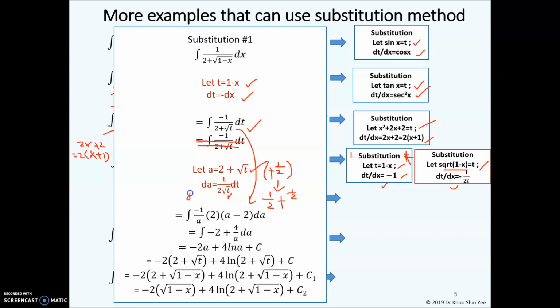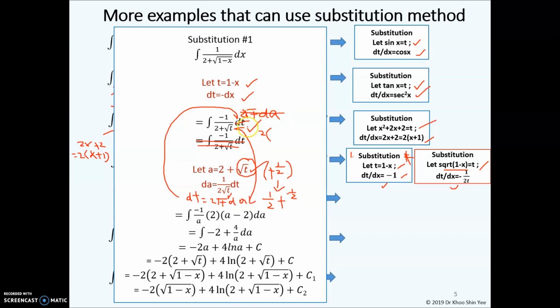So in this case, your dt will be equal to 2 square root t dA. And we can substitute this inside here, dt, you get 2 square root t dA. Well, you can see that square root t is equal to A minus 2, so we can substitute inside this formula.